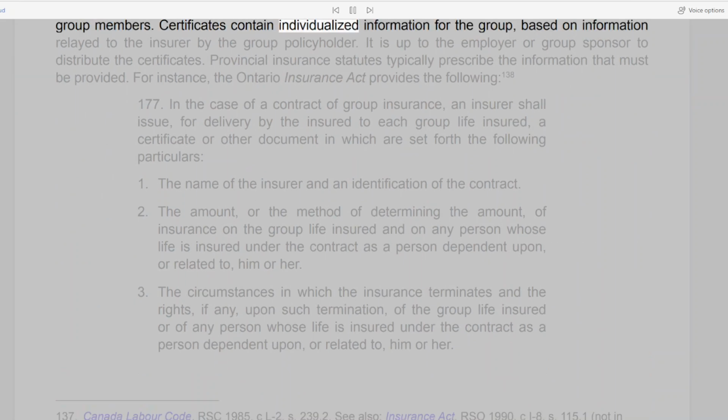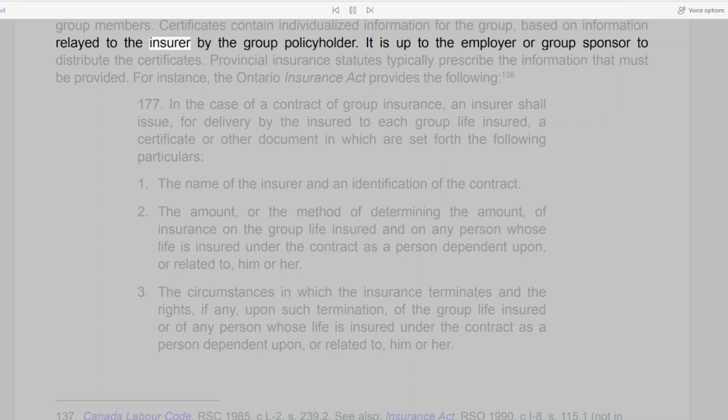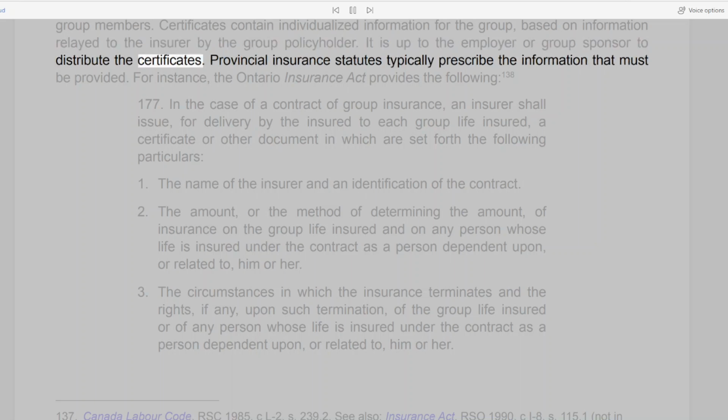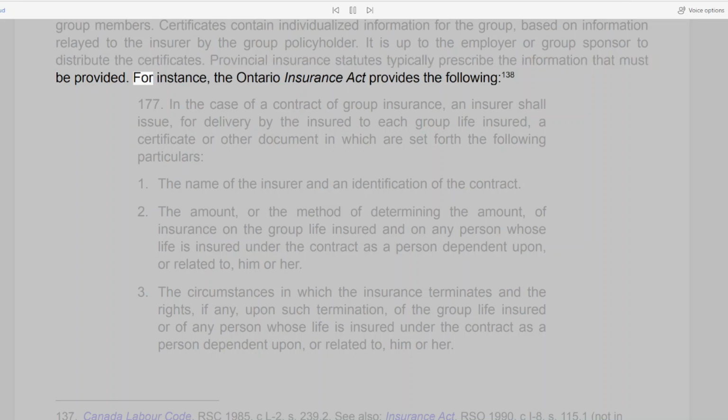Certificates contain individualized information for the group, based on information relayed to the insurer by the group policyholder. It is up to the employer or group sponsor to distribute the certificates. Provincial insurance statutes typically prescribe the information that must be provided. For instance, the Ontario Insurance Act provides the following: 138.